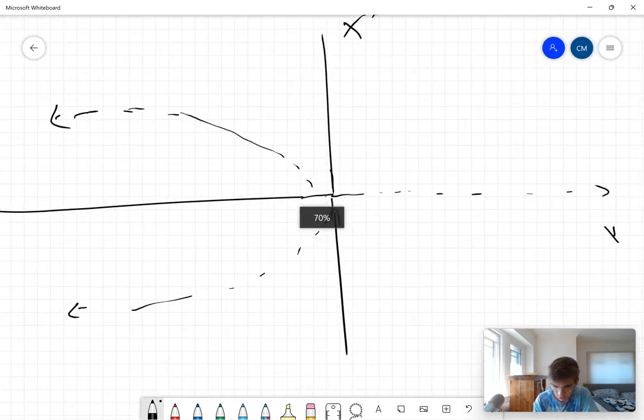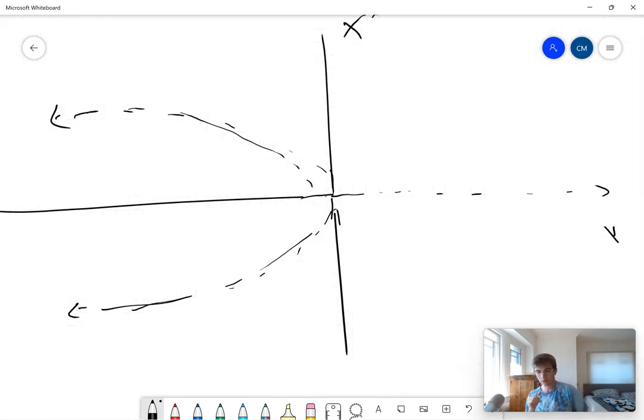So it should look something like this, where essentially we have these unstable branches on the top and bottom, and then the stable origin branch, okay?